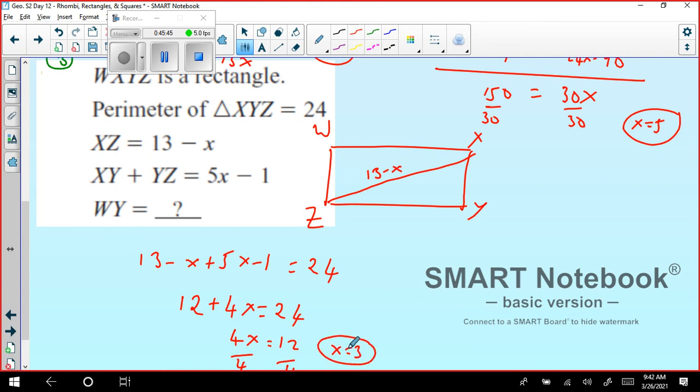Once I get the value of x, I can find XZ. XZ equals 13 minus x, which is nothing but 13 minus 3. That gives us 10. So if I get XZ as 10, XZ and WY will be congruent, because in case of a rectangle we studied that the diagonals are congruent. WY equals 10.